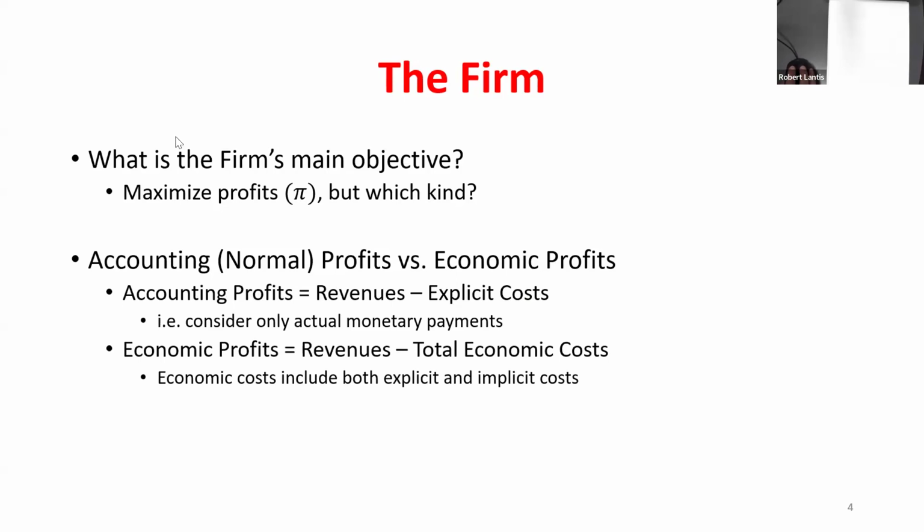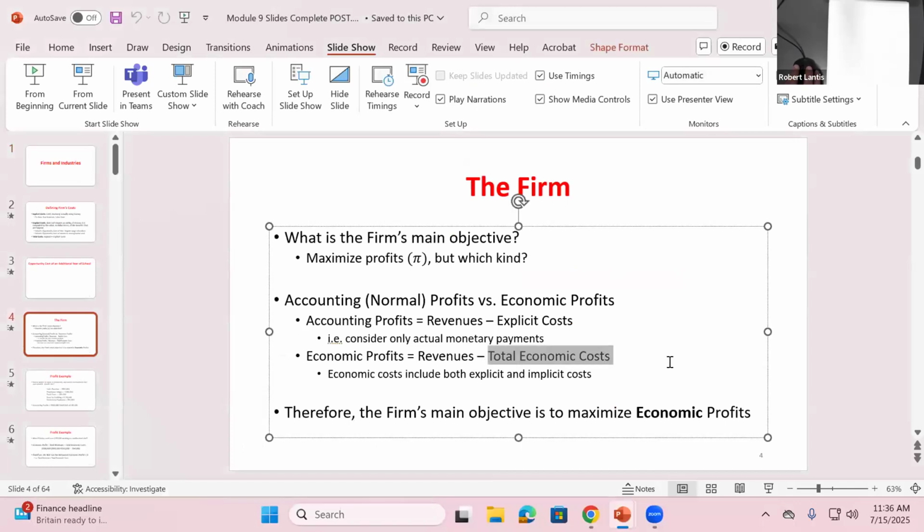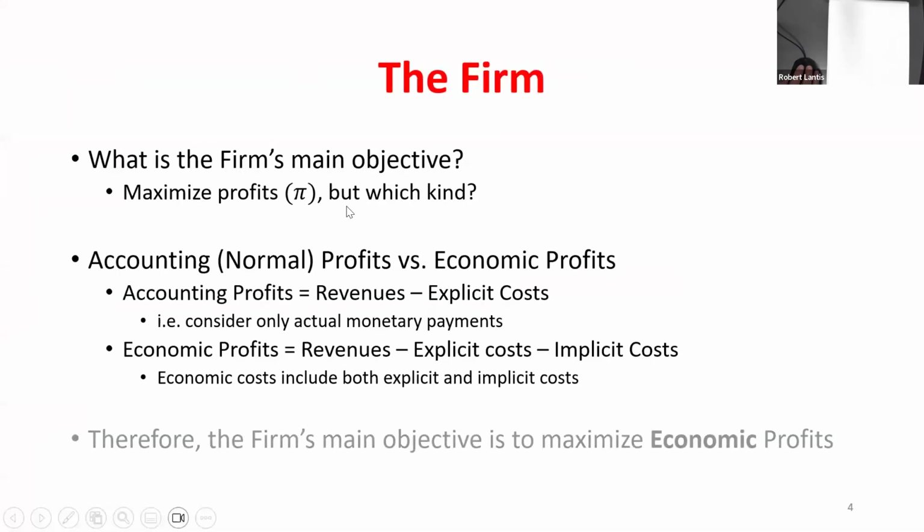However, when we're talking about firms maximizing profits, they want to maximize economic profits, right? They want to be using their resources in a way that maximizes the total amount of money they're making minus their total costs, which would be their explicit costs, but also whatever their implicit costs are, okay?